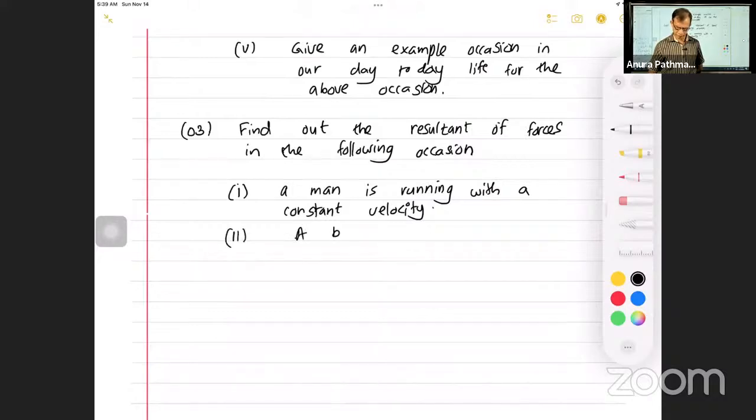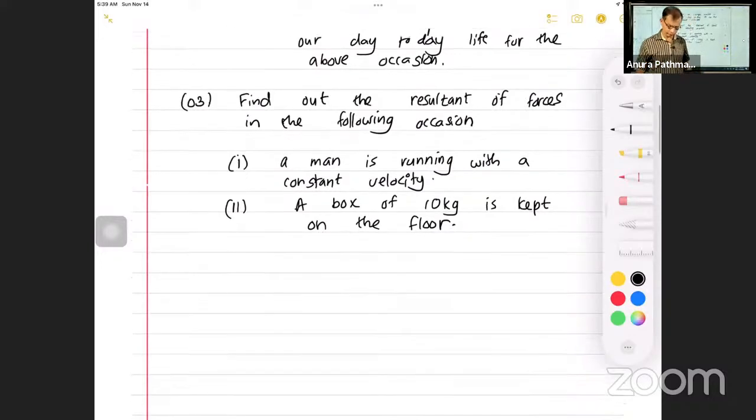A box of 10 kilogram is kept on the floor.